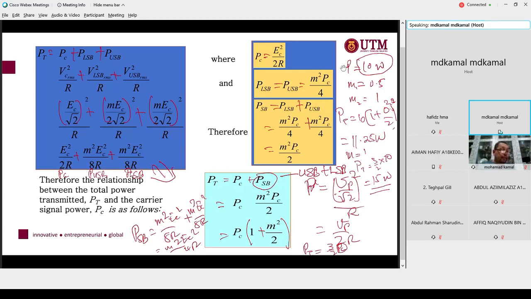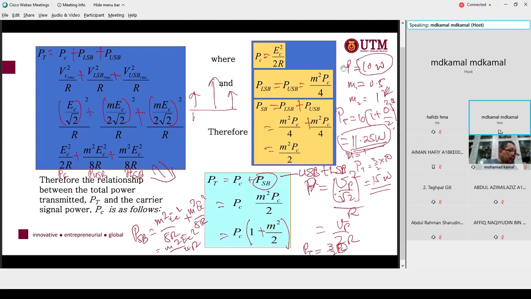If your M is half, you see that your total power here is less, if you talk about M being lower here. Because most of the power, as you can see from this AM signal, is coming from the carrier. So you have the spectrum here.